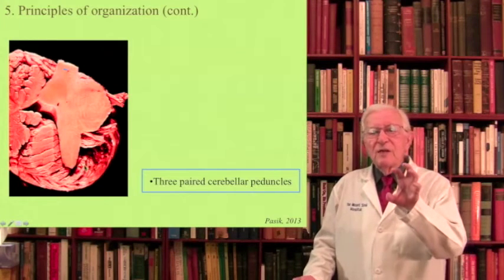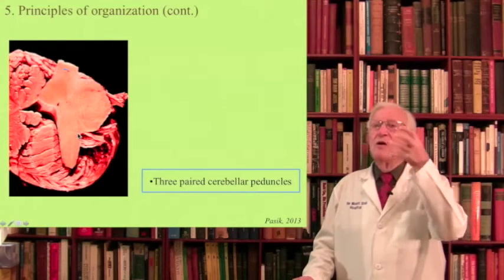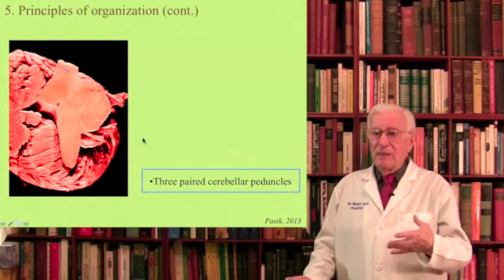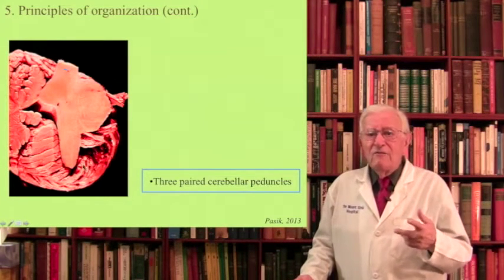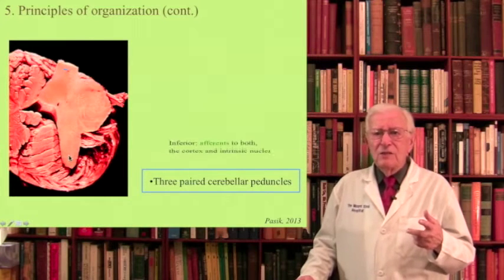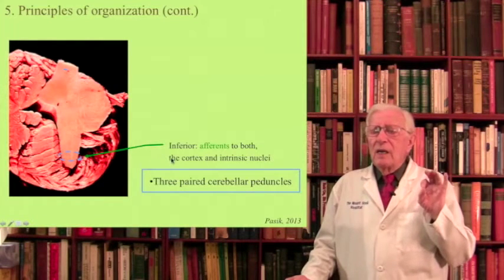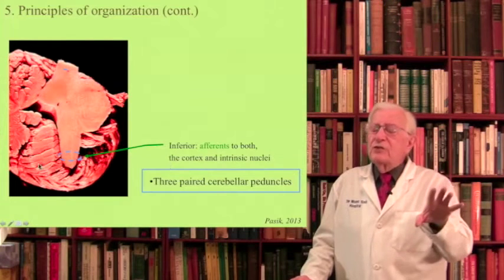But you see how the cerebellum is connected to the brainstem through 3 pairs of thick fiber bundles. These fiber bundles are called the cerebellar peduncles. So you have an inferior cerebellar peduncle, that is this one, all right? And this contains afferents to both the cortex and the intrinsic nuclei.